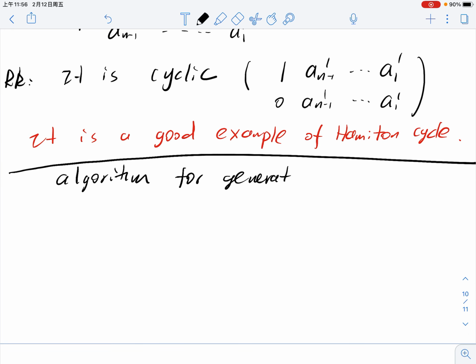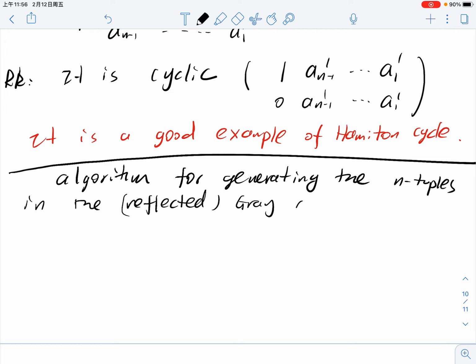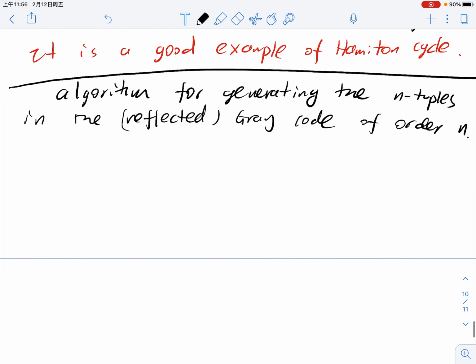So we develop a slightly different way of generating the gray codes. The result is still the gray code, but you use some variation to simplify the computation.